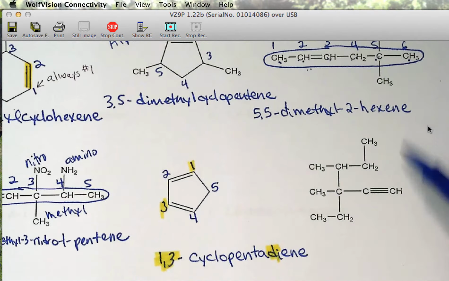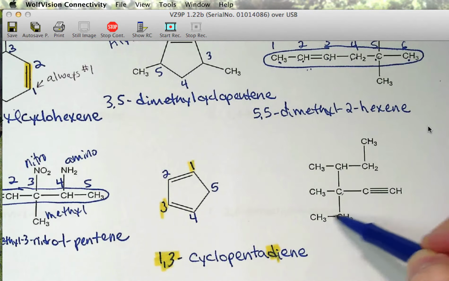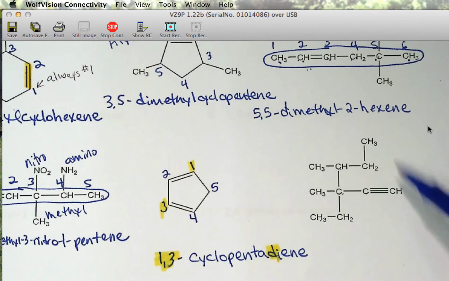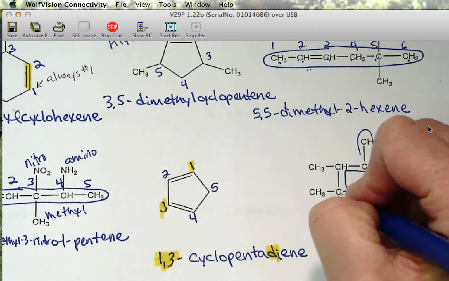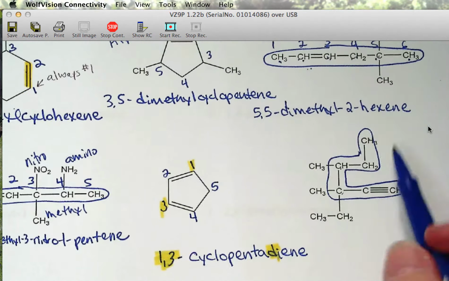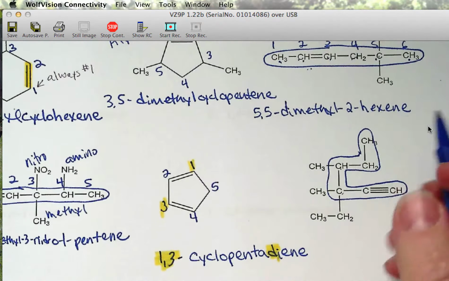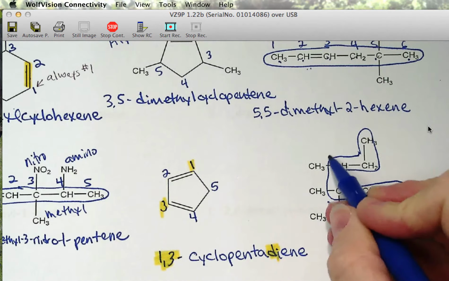So you get 6, let's see. 1, 2, 3, 4, 5, 6. 1, 2, 3, 4, 5. 1, 2, 3, 4. Okay, I agree, 6. And which way would I number? Right where that triple bond is.